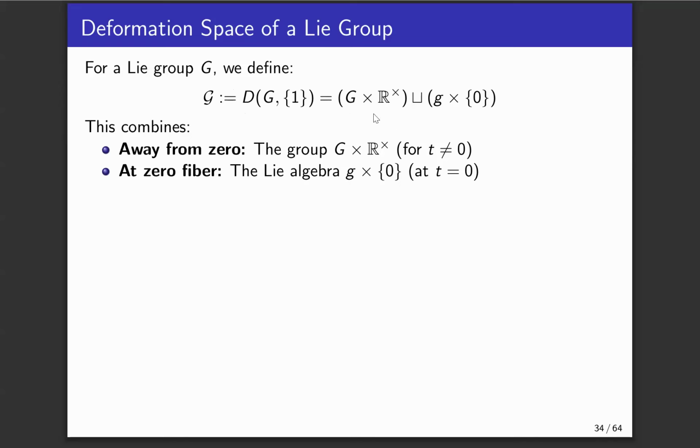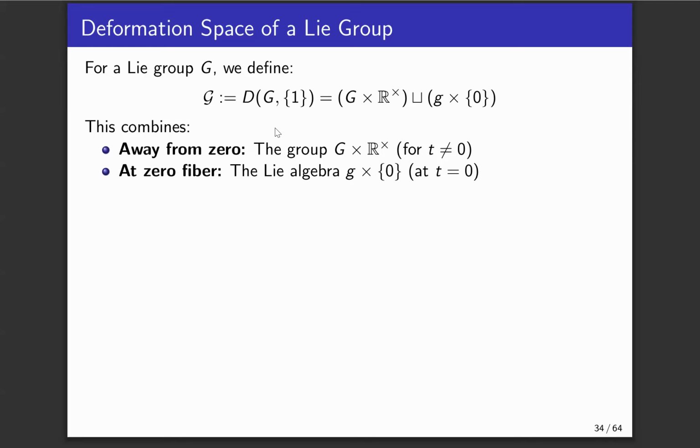Imagine that we have these two pieces: G times R star, and then the Lie algebra times 0. Each one is a smooth manifold, but we want to glue these two pieces into a connected manifold. And this connected manifold is what we call a deformation space, DG1.